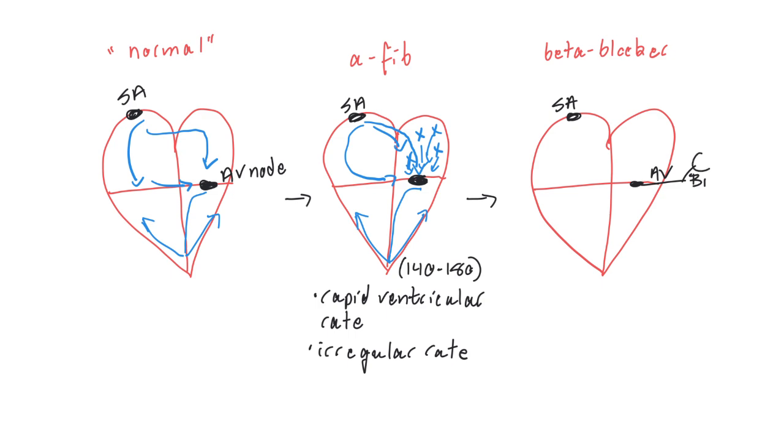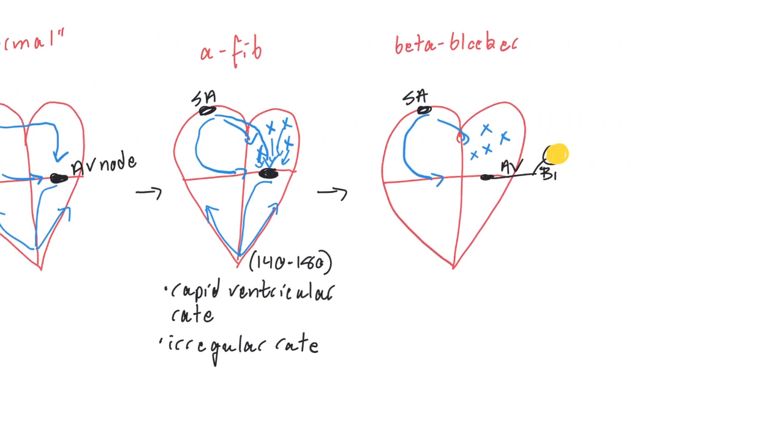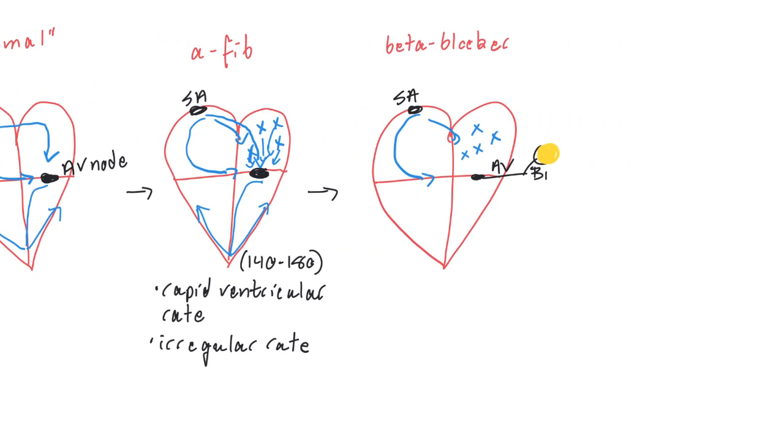Put it here, the beta 1 receptor. And of course, this heart still has AFib, so it still has all sorts of firings going on here, hitting the AV node. Okay, if I gave someone a beta blocker, and I'll put it in yellow, I have blocked that beta receptor. What I've actually done is turned off adenylyl cyclase.